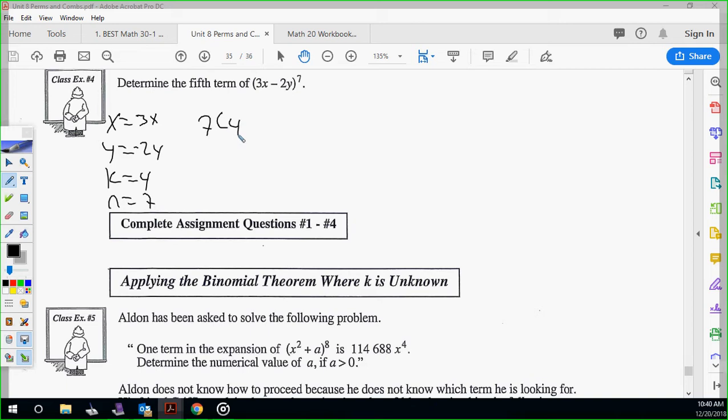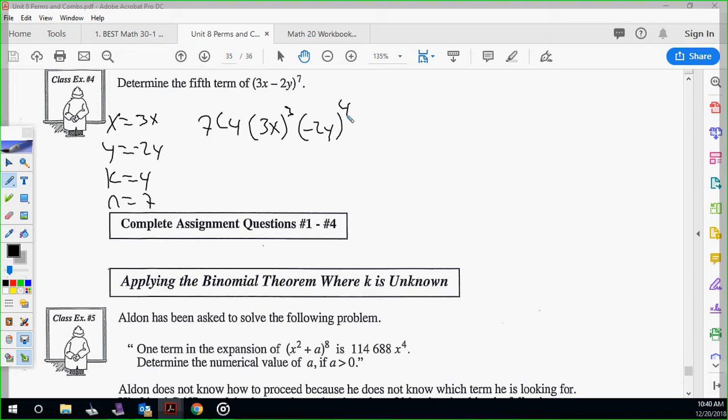Okay, so that means we want 7c4 times 3x to the, so it would be 3x to the what? 7 minus 4, so 3. And then it's going to be negative 2y to the 4. Okay, good. So that negative 2 will go away. And so this is kind of what Aiden was asking: this is a value.